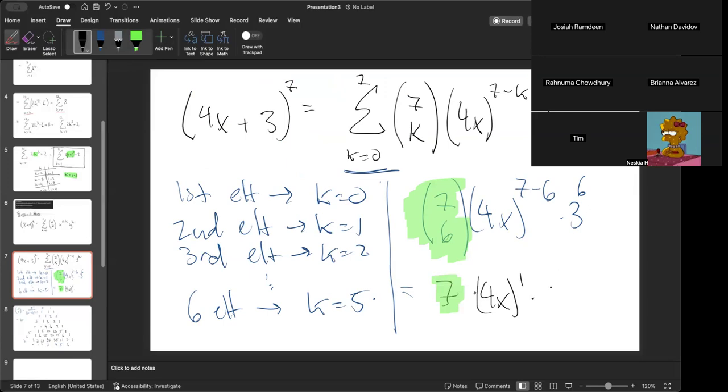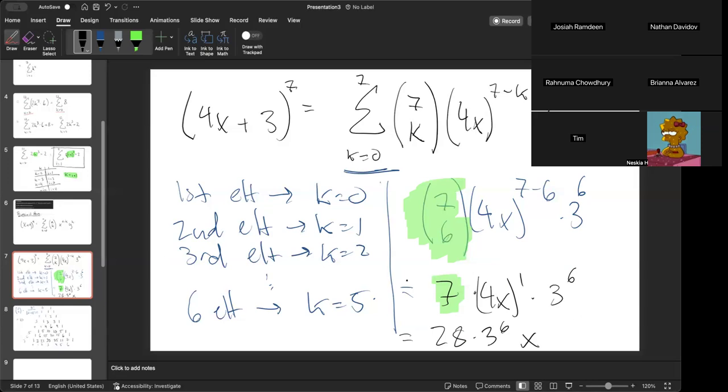And 3 to the 6, I'm not really going to simplify that because I don't know what it is. So this is just 28 times 3 to the 6th x. I don't know what number that is, but you can plug that into your calculator.